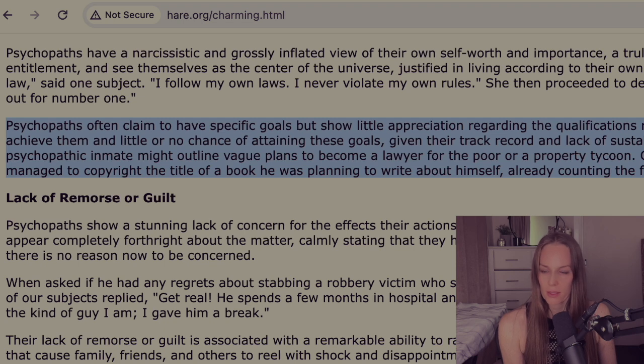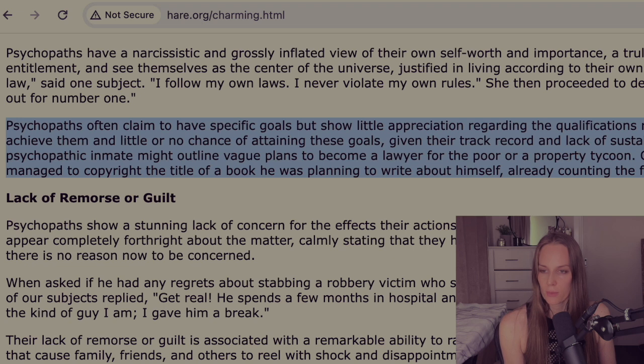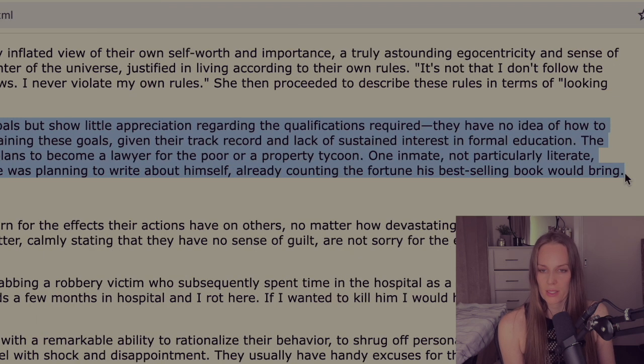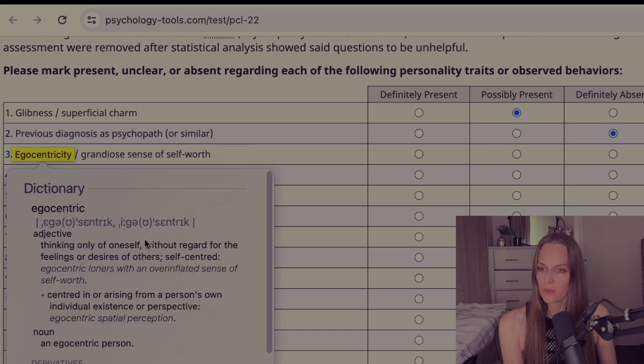A psychopathic inmate might outline vague plans to become a lawyer for the poor or a property tycoon. One inmate, not particularly literate, managed to copyright the title of a book he was planning to write about himself, already counting the fortune his best-selling book would bring. Egocentricity. Thinking only of oneself without regard for the feelings or desires of others, self-centered.